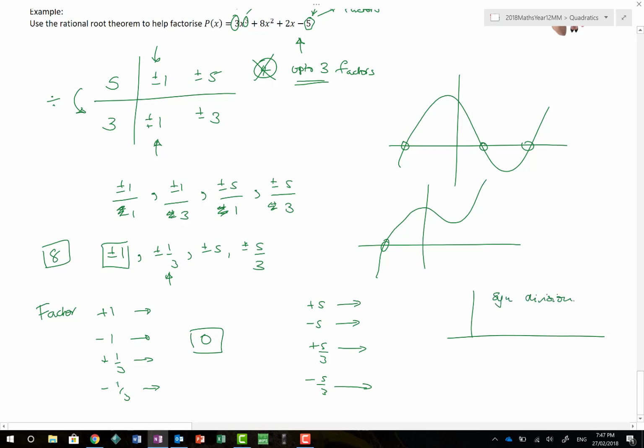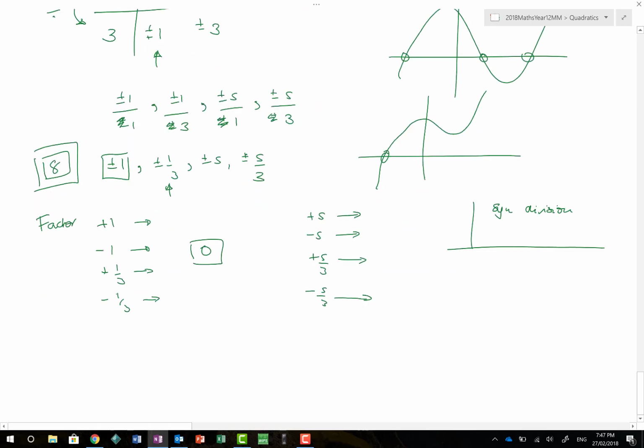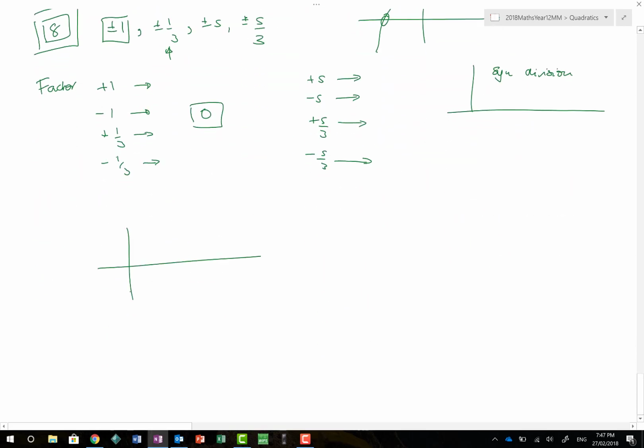Okay? Wow. Now, while we ended up here with 8 different possibilities, imagine what would happen if you had the numbers as 18 and the leading as 6. 18 has 1, 2, 3, 6, 9, and 18. 6 has 1, 2, 3, 6.